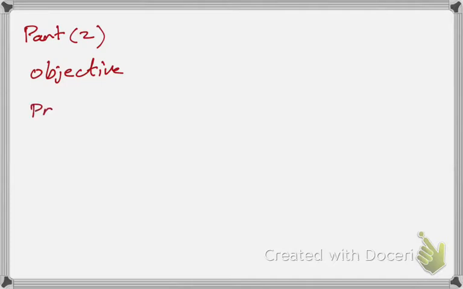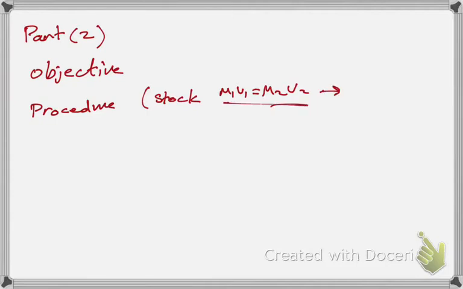Then we do have a procedure here, right? We did have to make our own stock solution. How did you make it? Remember, M1V1 equals M2V2. And how did you make the sub-concentrations from your own stock solution, also using M1V1 equals M2V2? Then you're going to have the data.